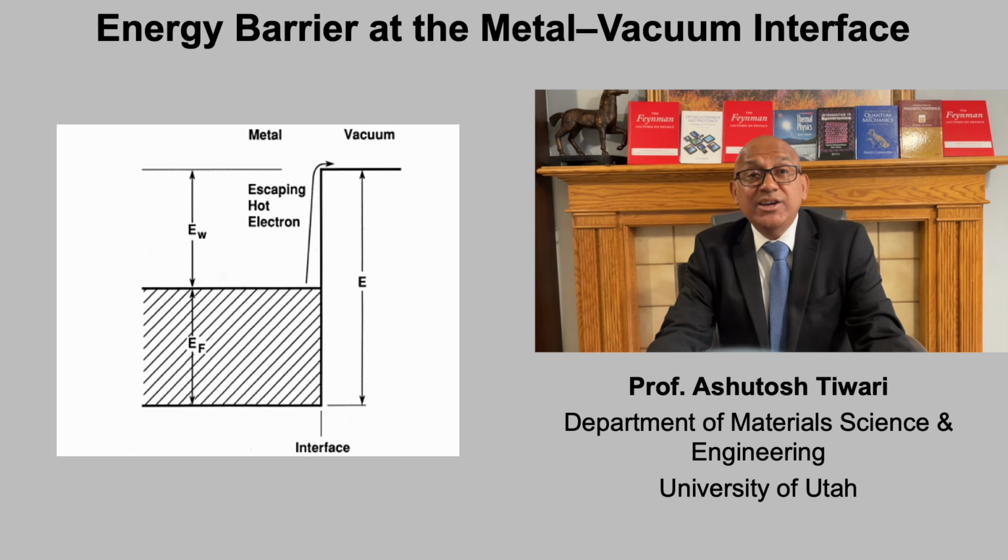When the metal is heated, some electrons gain sufficient kinetic energy. These are the so-called hot electrons. If their total energy exceeds the work function, they can cross the barrier and escape into the vacuum, becoming part of the electron beam. This diagram highlights an important point. Thermionic emission is fundamentally an energy barrier problem.